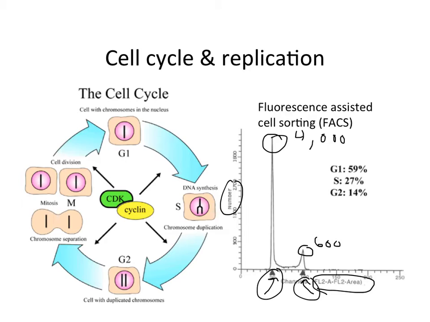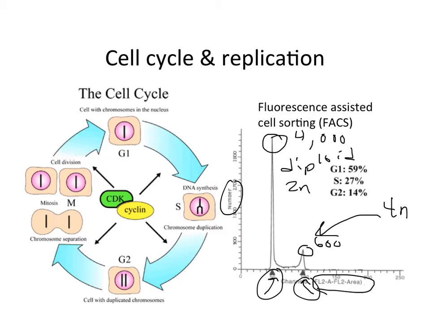So what do you think these two peaks represent? What is the really tall peak on the left? Which stage of cell cycle are those? G1. Those are diploid, or 2N. Which cells have gone through replication? The ones that have twice as much fluorescence. That's the 4N or G2 cells.